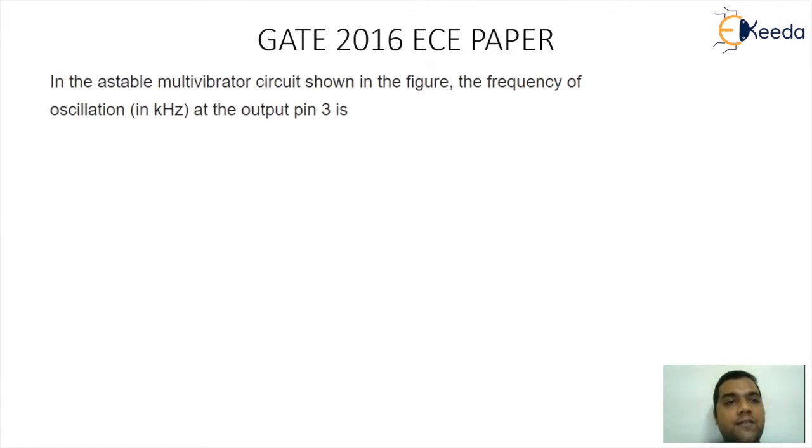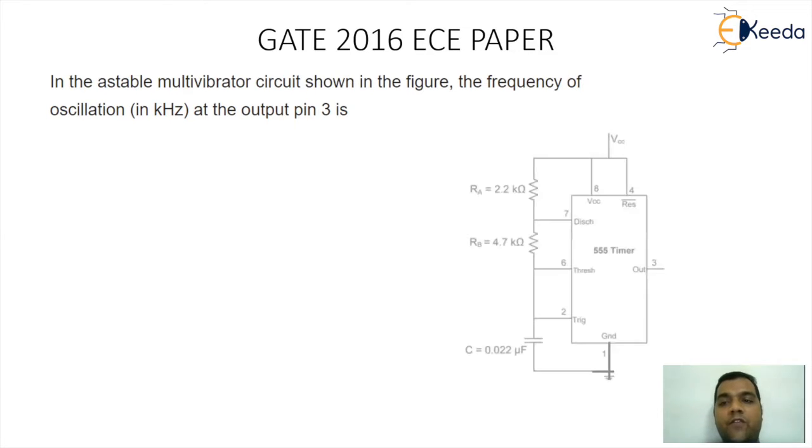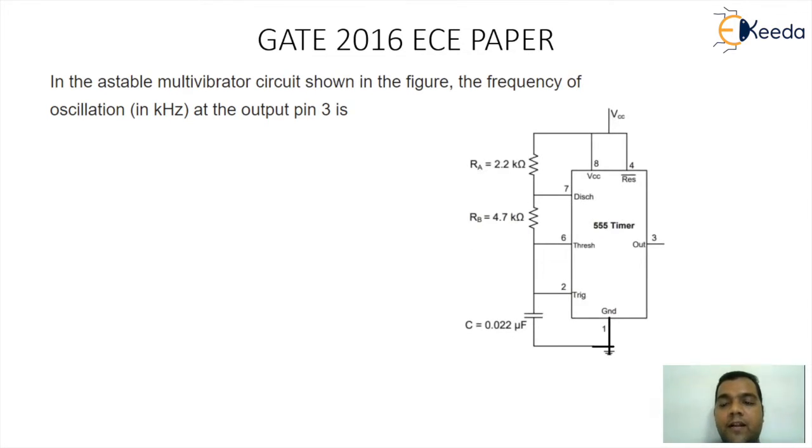The question says, in the astable multi-vibrator circuitry shown in the figure, the frequency of oscillation in kilohertz at the output pin 3 is. Let's have a look at the circuitry. You can see clearly that it is IC 555 connected in astable multi-vibrator mode with two resistances.